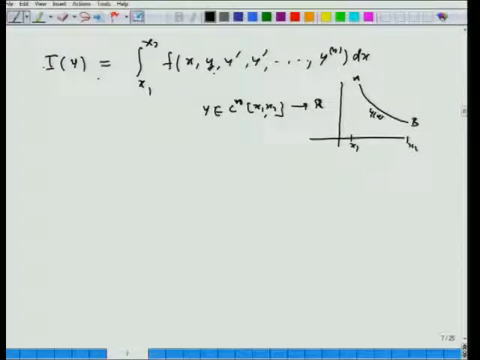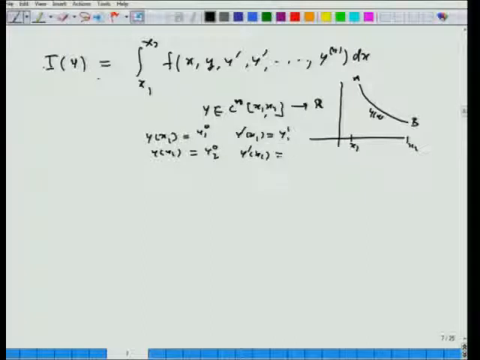So, again here you will have certain additional conditions like y at x1 is y1 and y at x2 equal to y2, like 0 0, and then y prime at x1 is something y1 1, y prime at x2 is y1 2, and so on.